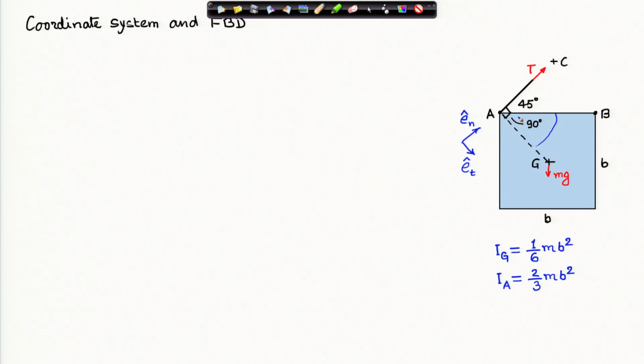Therefore, the net angle GAC is 90 degrees. I have drawn this free body diagram. After the break takes place, it is the weight and the tension in the wire AC.